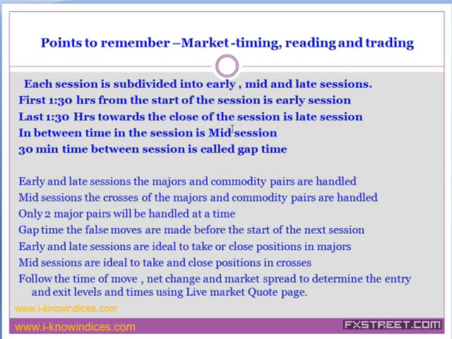So in the early and the late sessions I explained, they only handle two pairs at a given time that you need to recognize by looking at the spreads, what they are doing. So if the spread is more than 40 pips, those currencies they are handling. And also in the case of crosses, if the spread is more than 70 pips, that means they are handling the crosses.